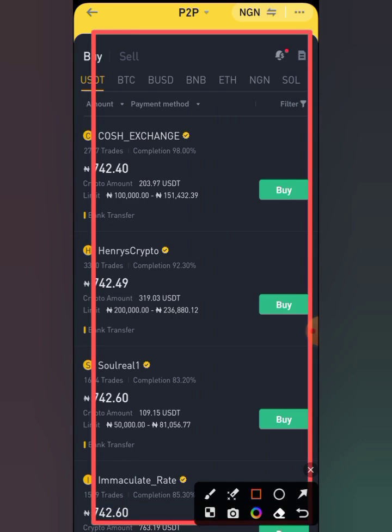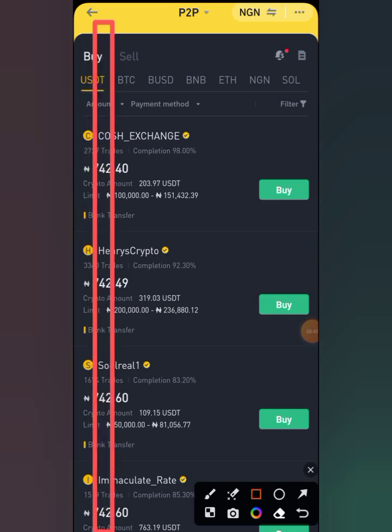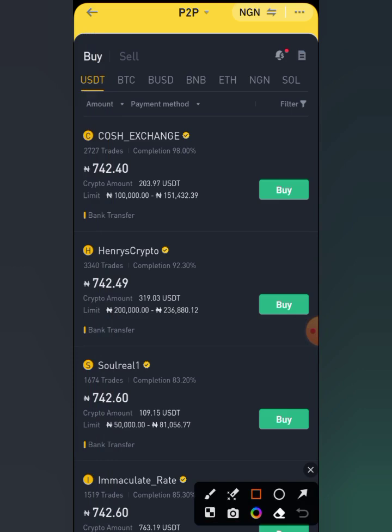Now you have to take note that these people you are seeing on the buy section of the p2p side are not actually buying. All these merchants you are seeing here are selling and not buying.